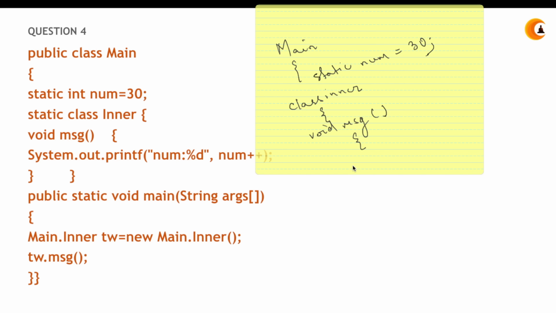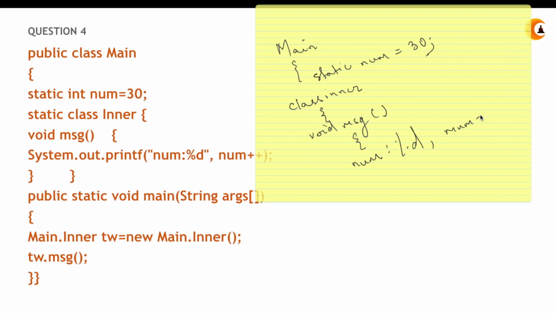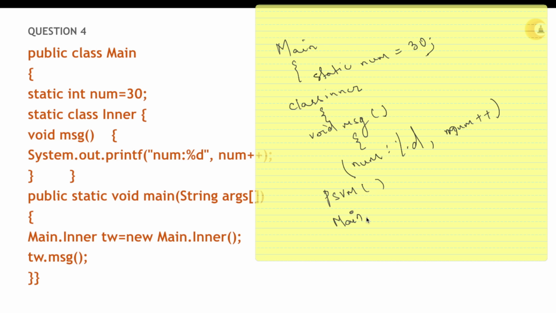Now within this it is saying sopln num %d num plus plus, right? Then PSVM, you're creating an object of the main class, you're creating an object of the inner class which is a part of the main class.